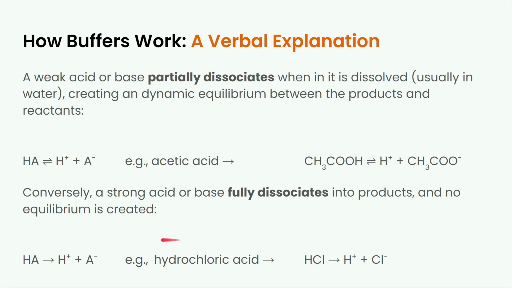For example, hydrochloric acid. In solution, that fully dissociates into protons and its conjugate base, which is the chloride anion. Because it goes to completion, the reaction does not go the reverse way, and therefore this on its own cannot respond to changes in external conditions, such as the addition of more acid or more base.